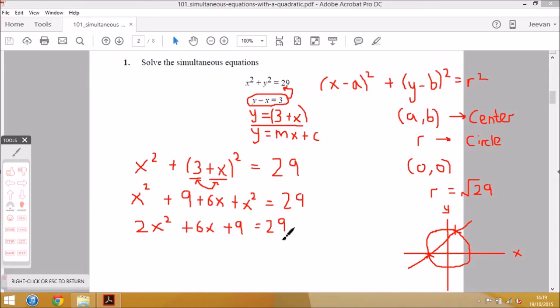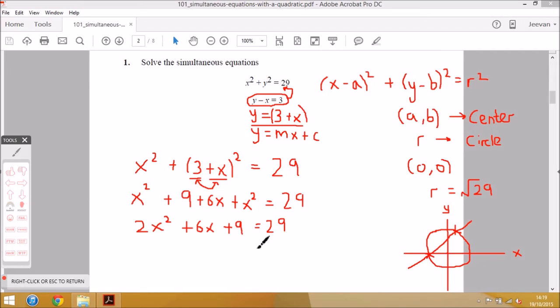So what we'll have to do is put this into two brackets. Once we move this 29 to the left hand side, we'll have an example of a quadratic equation, and we'll have to solve it for those two solutions. Because remember I was saying earlier on that you will get two solutions from this type of question. That's why a quadratic equation arises, because a quadratic equation has two solutions.